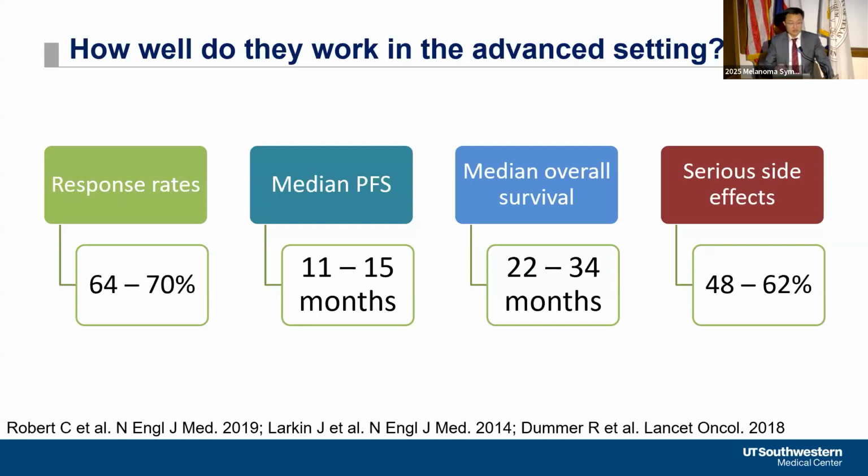Essentially, if you started therapy for your advanced melanoma, in about 50% of the patients, their cancer started to grow a year later. And in terms of overall survival, meaning how long did you live after you started the therapy, that ranged somewhere between 2 to 3 years.